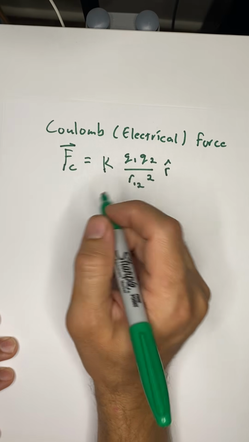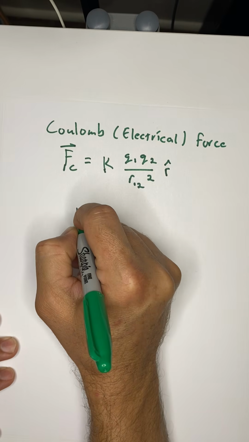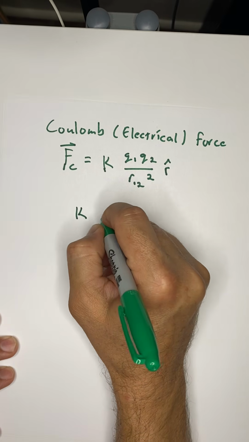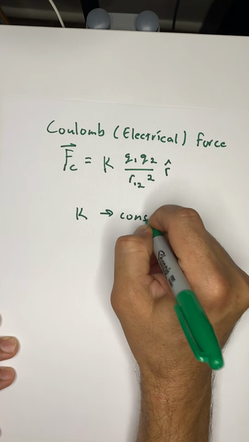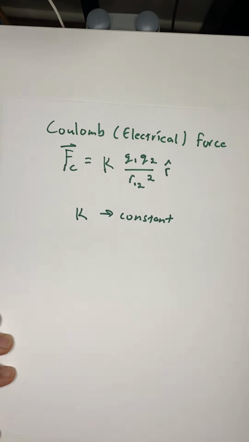Well, K, like I said, we'll unpack in a second, is a constant. With any sort of mathematical expression, the standard procedure is to run some experiments, collect some data, and then try to fit the data to a mathematical expression.